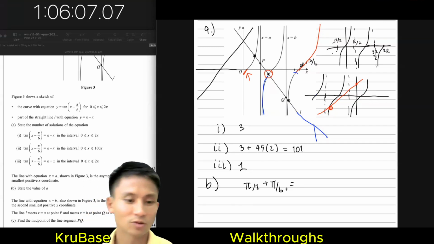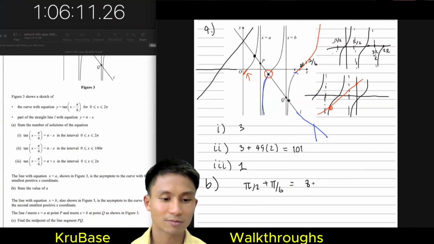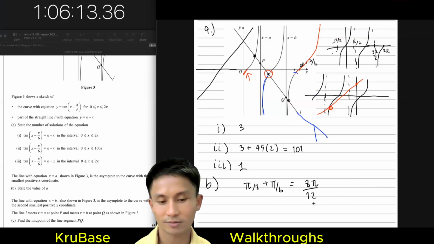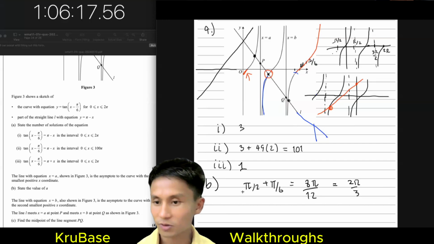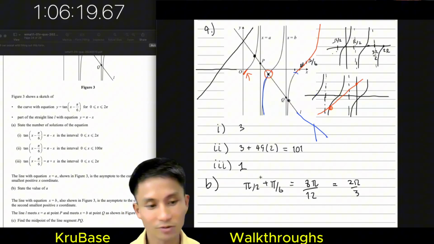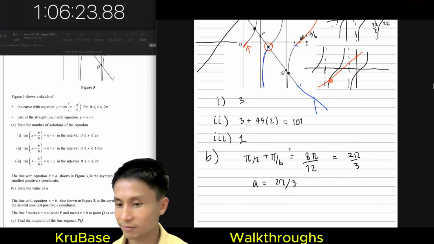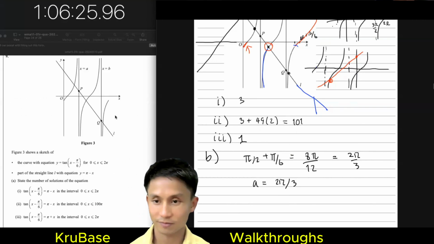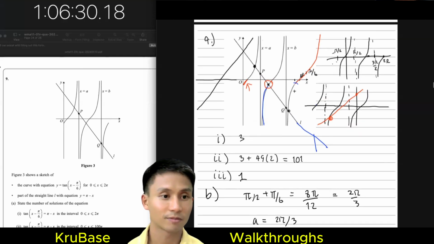So 6 plus 2 is 8 pi over 12, and that is just 2 pi over 3. So we just state the value of a. a equals 2 pi over 3. That's it. The smallest one, because it used to be pi over 2.